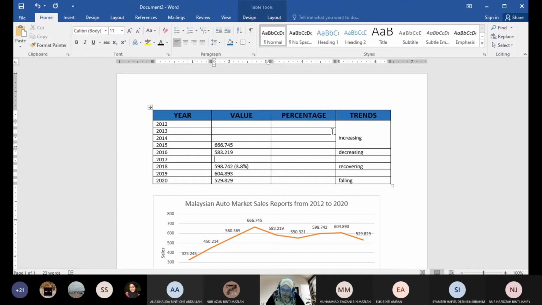598.742 darabkan dengan 100. Okay. 598.742 bahagikan dengan 3.8. Okay, dia ada penurunan sebanyak 15,756.3. So, kalau macam tu, 598.742 tolakkan dengan 15756.3.